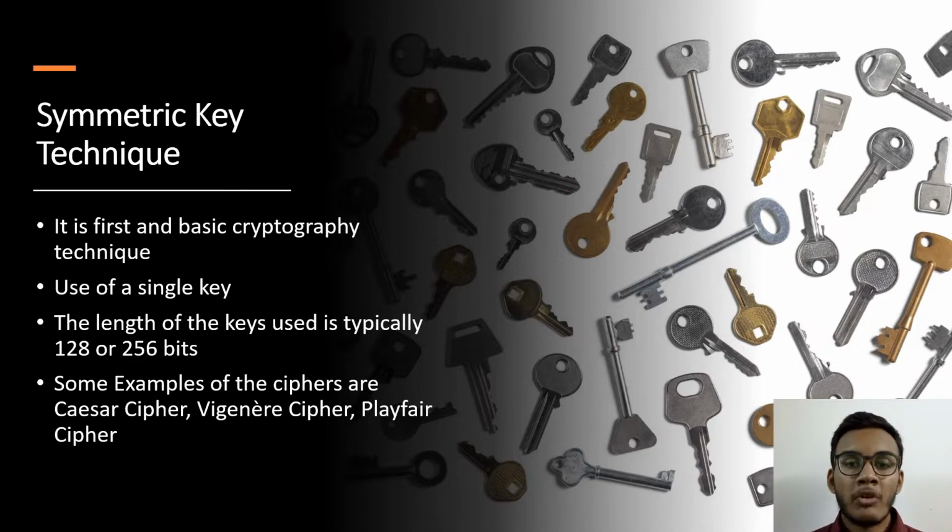Some examples of this cipher are Playfair cipher, Vigenere cipher, Caesar cipher, and many more. These example ciphers come under the category of classical cryptography, that is the transposition or the substitution ciphers.